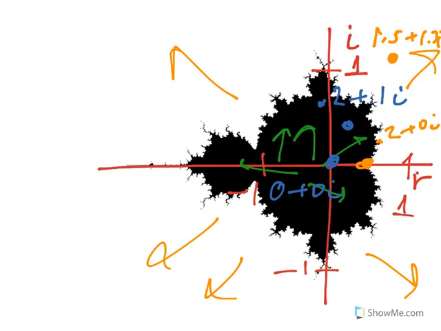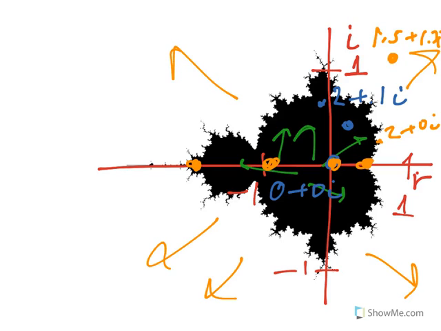And that's because when you plug 0.2 into that formula as the starting number, it does not get very large. And 0 also doesn't get very large, and -1 doesn't get very large, and -2 also doesn't get very large. And that's why, at least on the real axis, those points are all colored black.